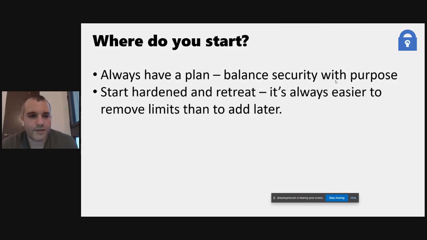One thing which I've seen a lot of people do too is start hardened and then retreat from it. So again, it's always easier to remove limits than to add them later. This might seem at odds with the first bullet that I spoke about, but I'll say it like this, a very basic example. Imagine you have two containers or two VMs or a PaaS service and the database that have to speak to each other.